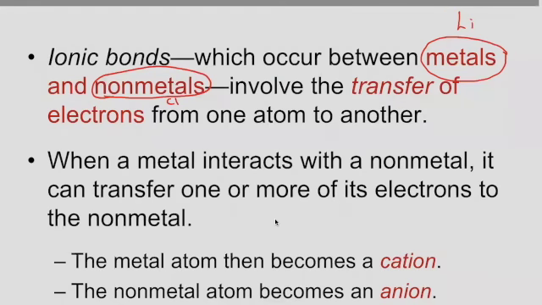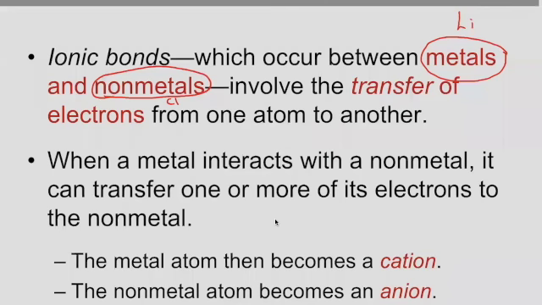So when you have a metal and a non-metal, what's going to happen is that the metal is going to transfer the electron to the non-metal. So in an ionic bond, there is a transferring of electrons. The electron is always going to flow from the metal to the non-metal.